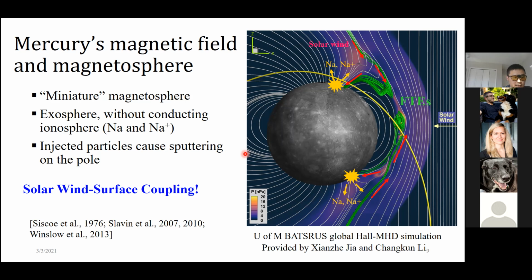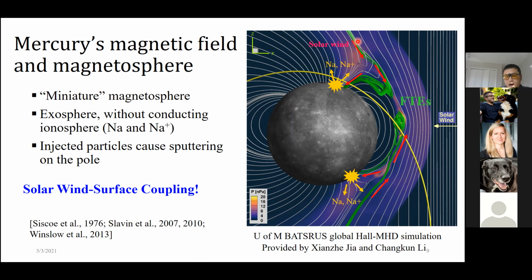On the right-hand side here, we show two FTEs. The FTEs contain open magnetic field lines, and one end of the open magnetic field line connects to the solar wind.